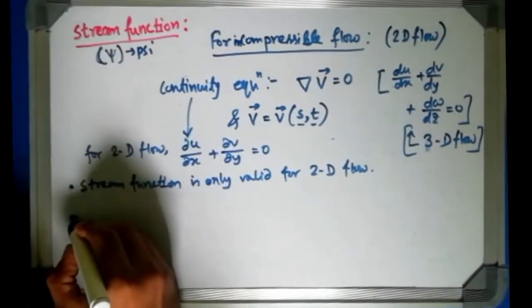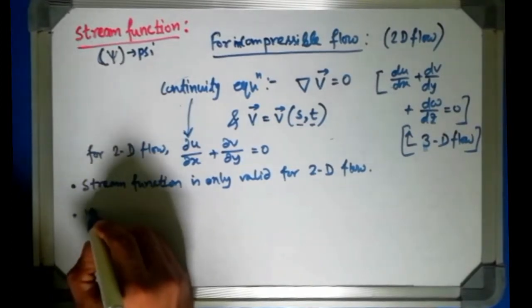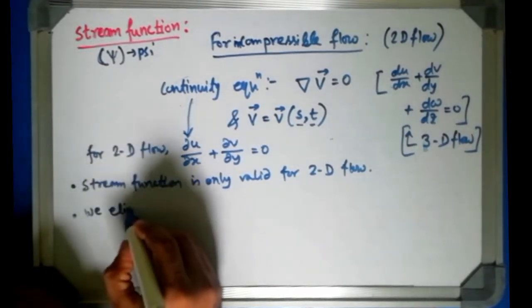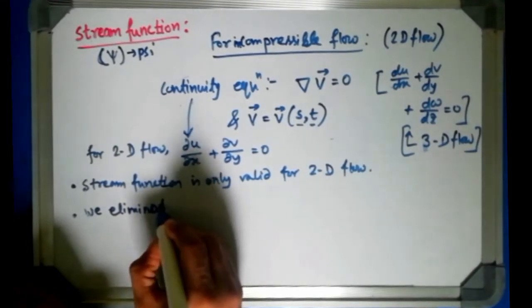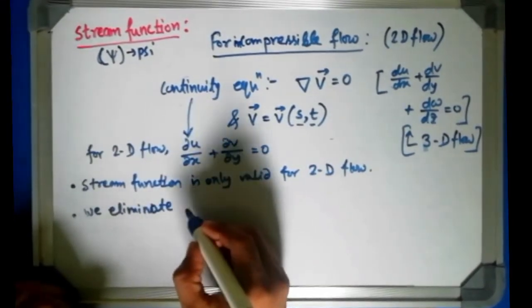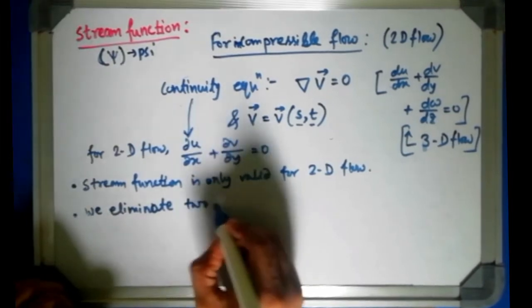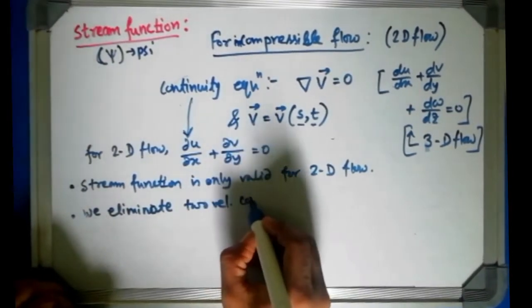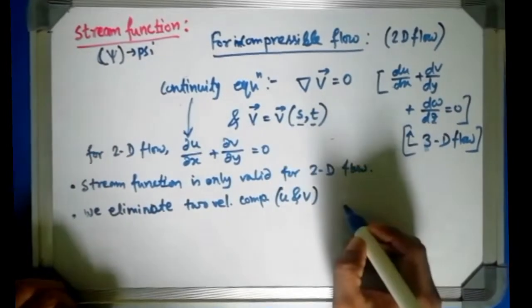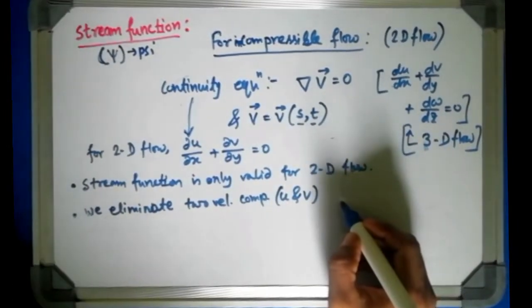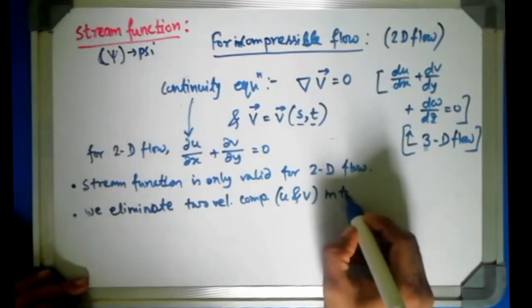So actually the objective is we eliminate two velocity components, u and v, into a single variable.